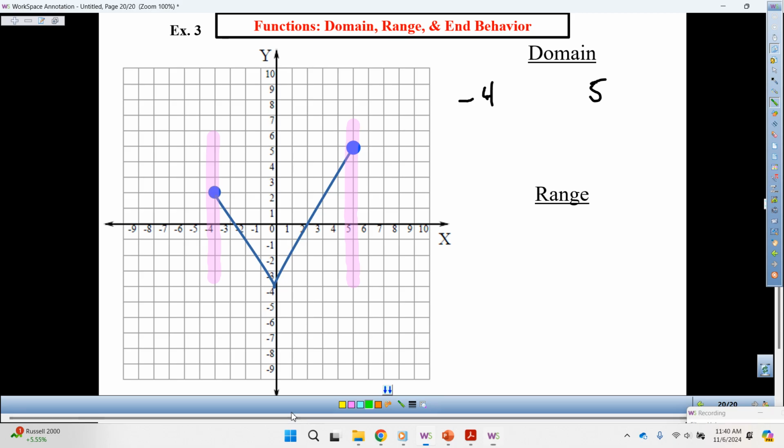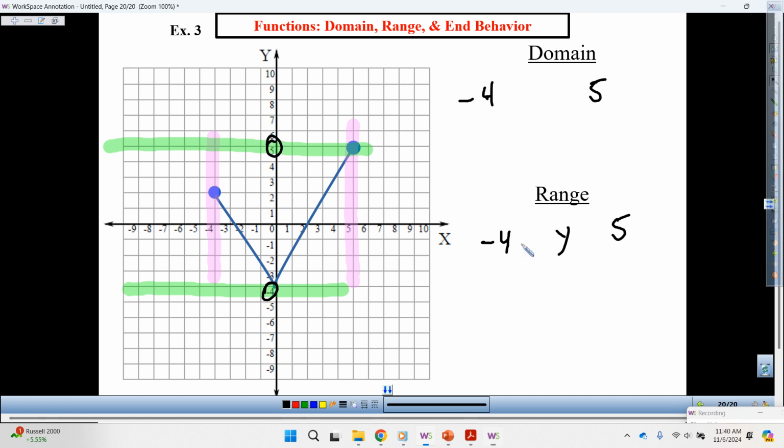Franco, the range. What's the lowest and what's the highest? From -4 all the way to 5. Hands if you agree with that. That is correct. From -4 of y, which is down here, it's hitting that graph right there, to +5, which is up here, and it hits that one right there.